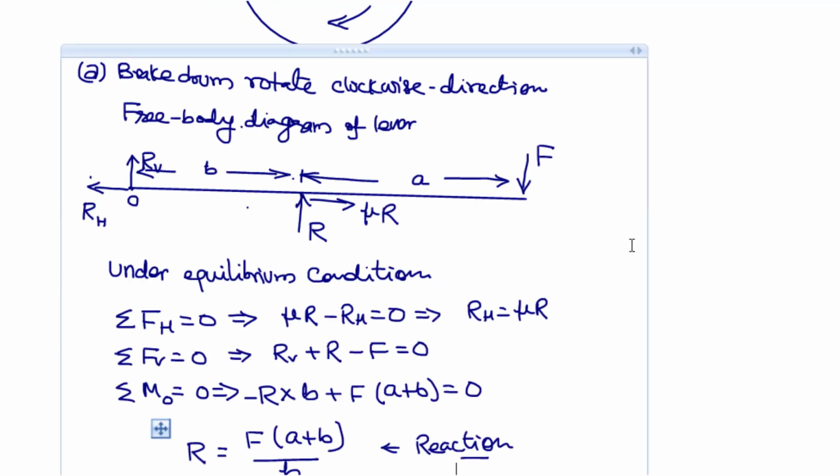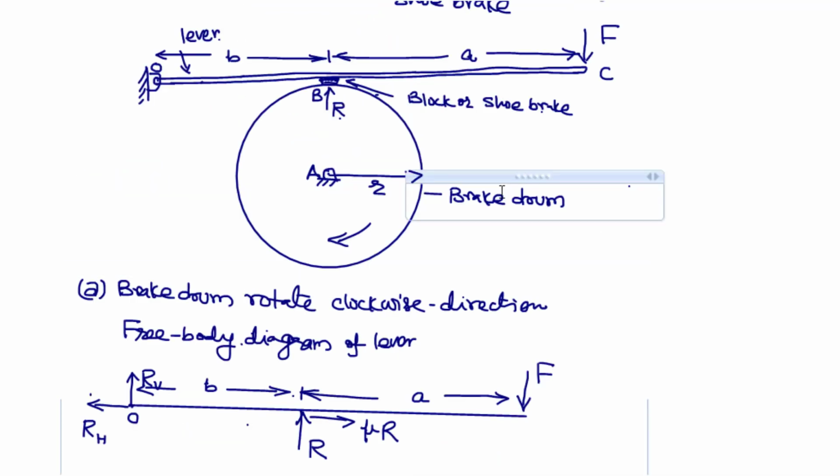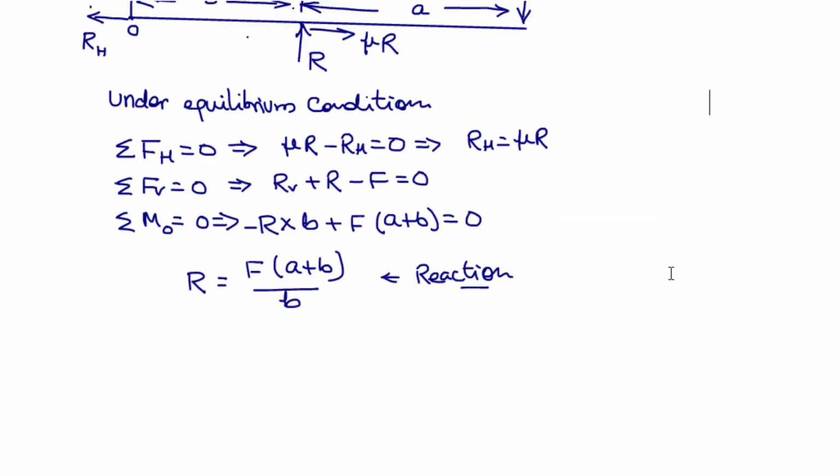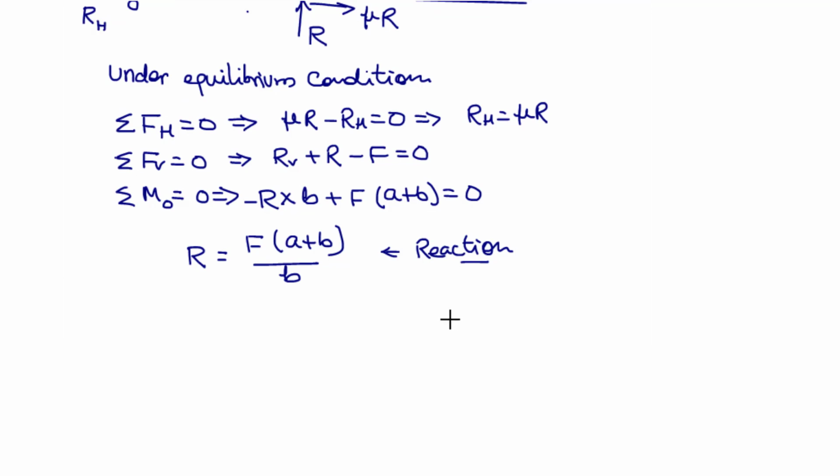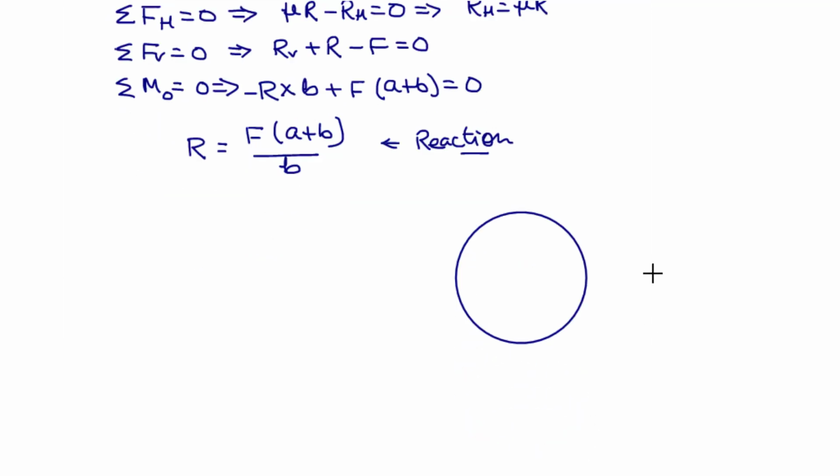Now, due to this reaction between brake drum and shoe brake, we get the friction force. If you draw the free body diagram of the brake drum, it rotates in the clockwise direction.